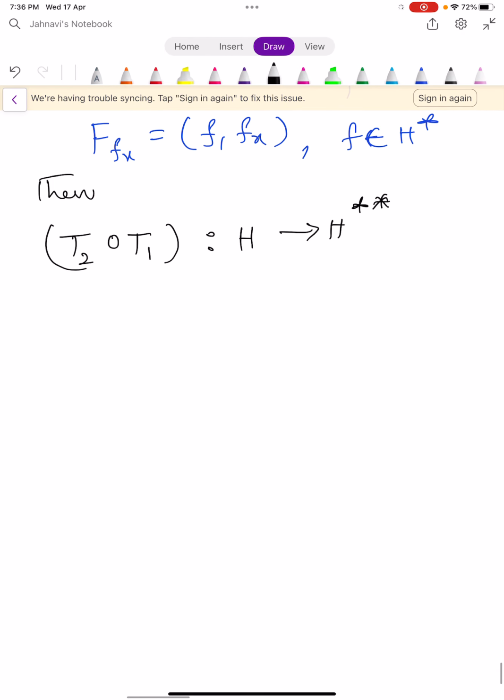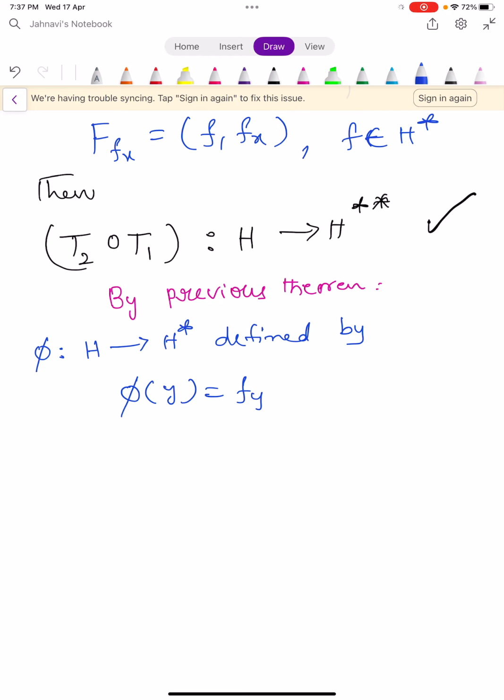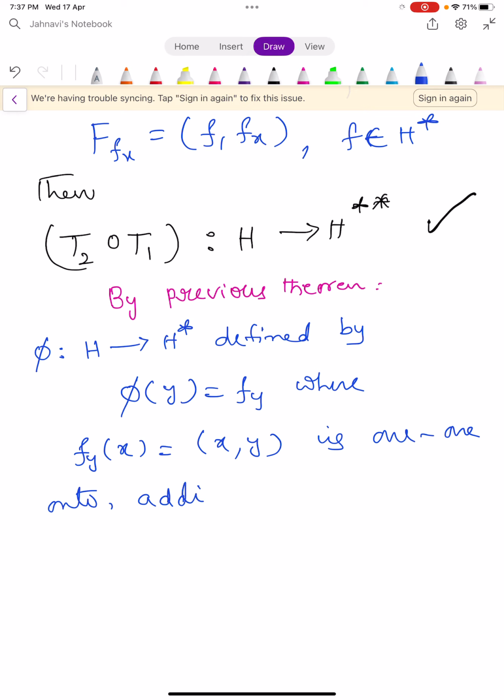There is a mapping pi that maps H into H star defined by pi of y is equal to Fy, where Fy of x is equal to the inner product of x comma y, is one-one, onto, additive but not linear, and an isometry. This is the previous theorem, proved in video number 46, I think.